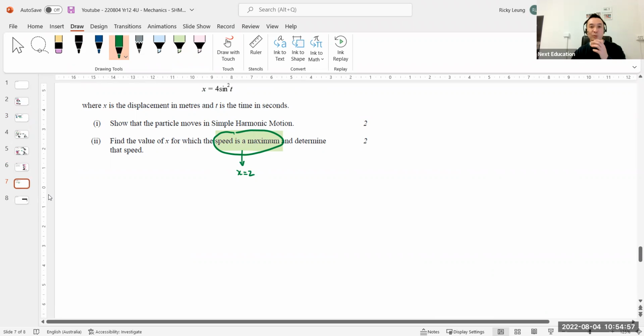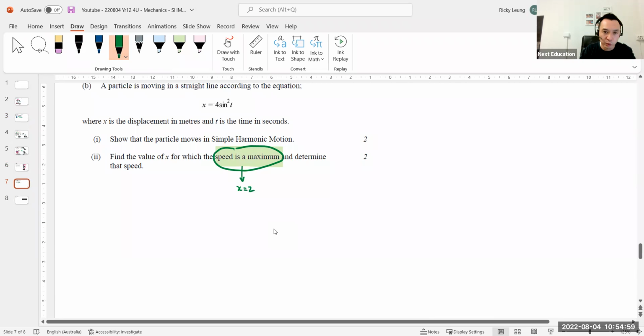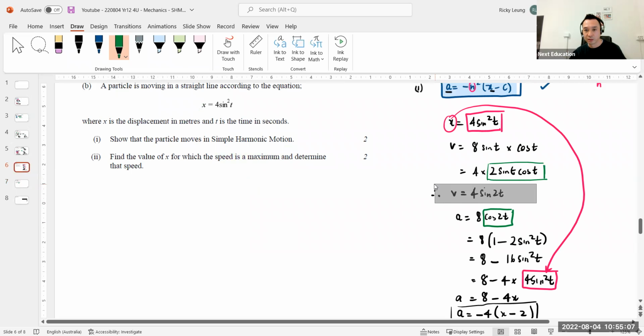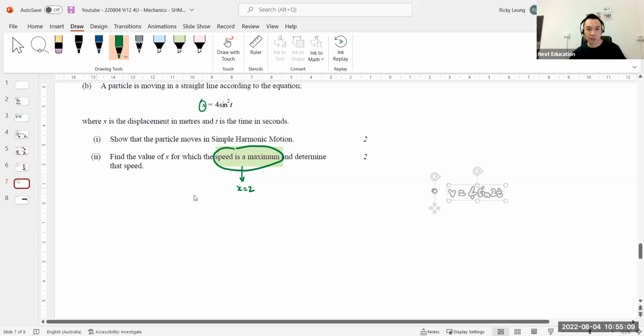So this is, once again, a 2-step process. I'm going to sub in 2 into here, find t. Once I find t, sub that into v. Now, I might borrow the expression for v back here, right? Because I'll need it soon. I'm going to park that over there. Let's do this first.